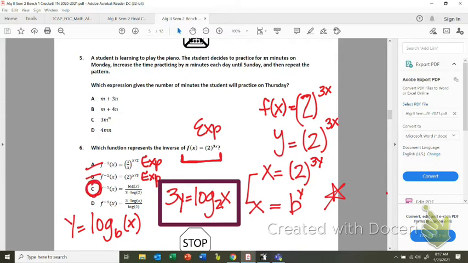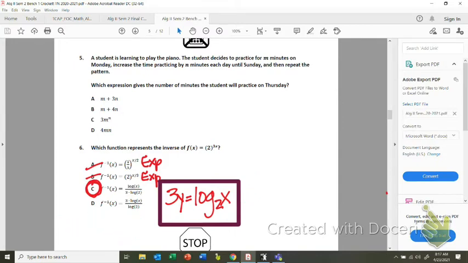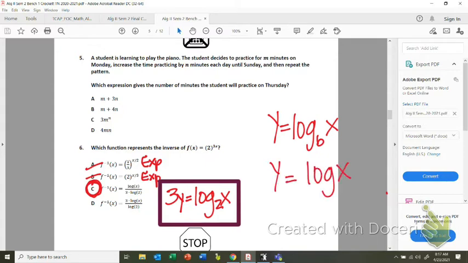Now, y equals log base b of x is the same thing, okay, as y equals log x divided by log b. So how would we rewrite that?